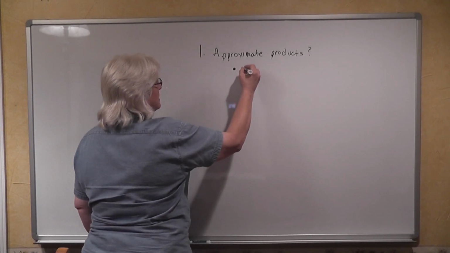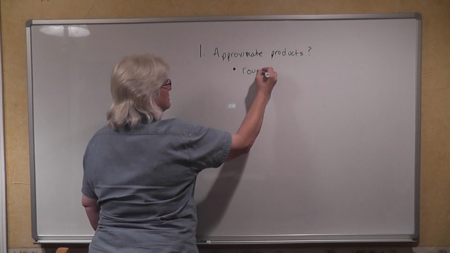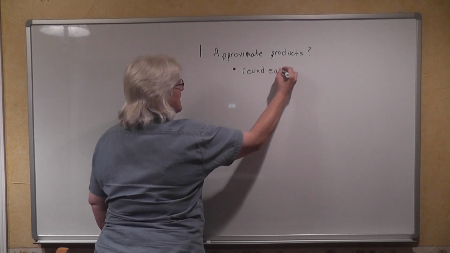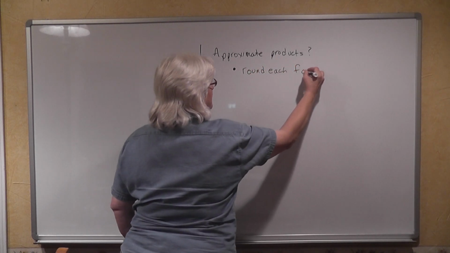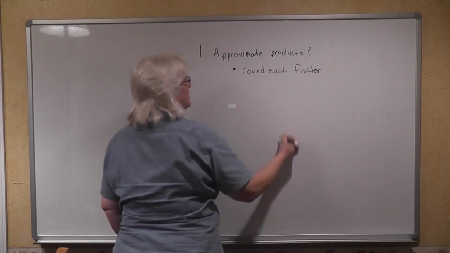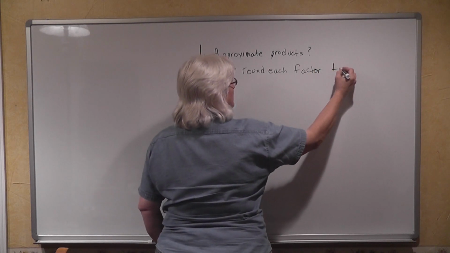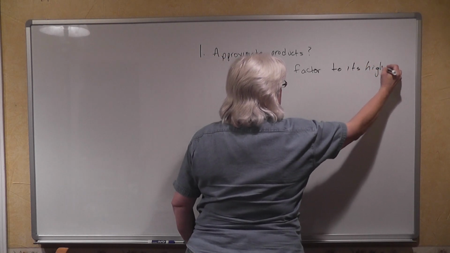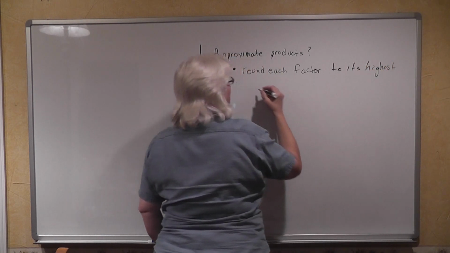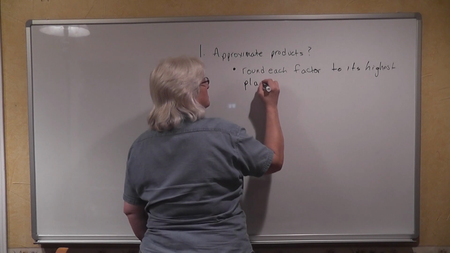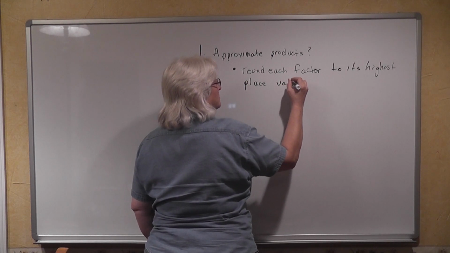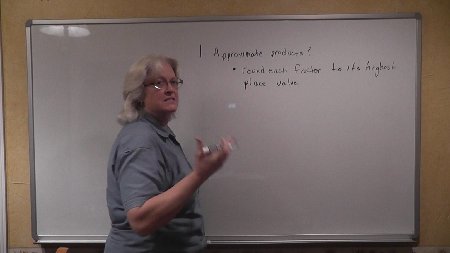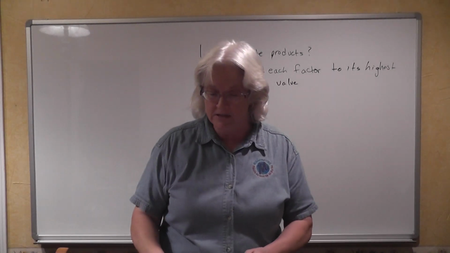Very easy. We round each factor, those are the numbers that we multiply together, to its highest place value. Just as simple as can be to estimate.